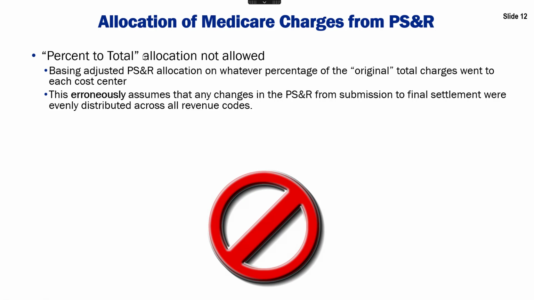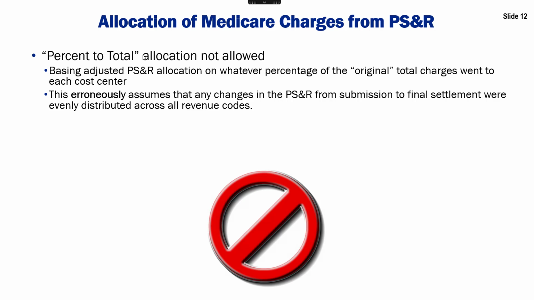But the idea is that when percent to total allocation is used, we're trying to base the adjusted PSR allocation, which, again, might have brand new claims or adjusted claims, on whatever percentage of the original total Medicare charges went to each cost center. The problem with that, at first glance, is it seems to make sense. It seems to be a nice, easy shortcut to get the final result.